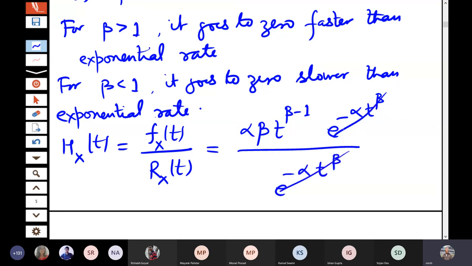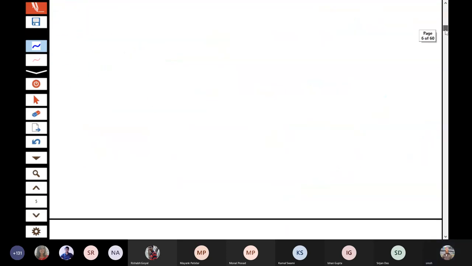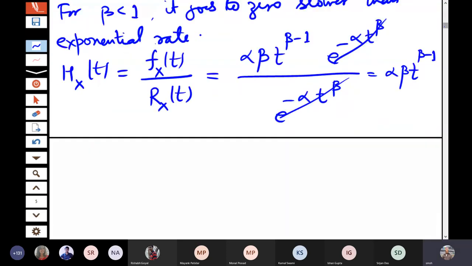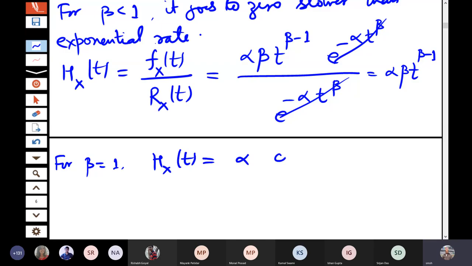So this cancels out and you are left with alpha beta t to the power beta minus 1. So as you can see, for beta equal to 1, it is exponential distribution. So this is constant. So for beta equal to 1, h(t) is simply alpha, that is constant.